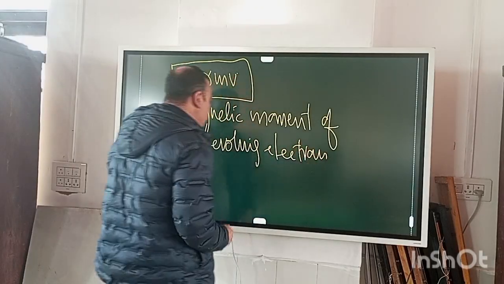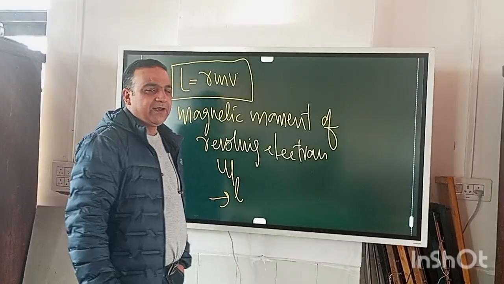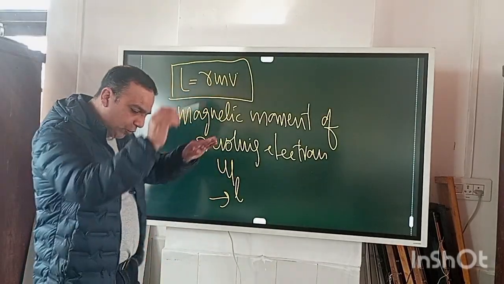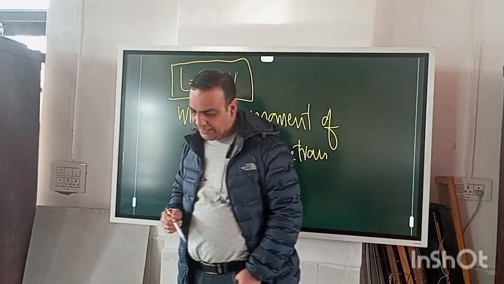If I choose the symbol mu L, L refers here to the magnetic moment due to the orbital motion of an electron around the nucleus.